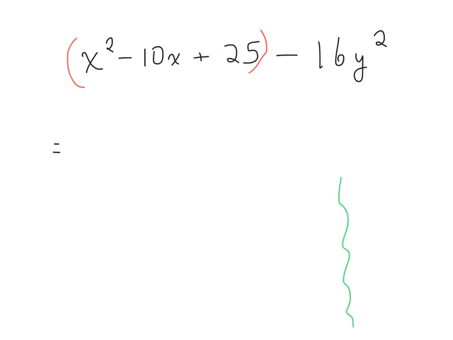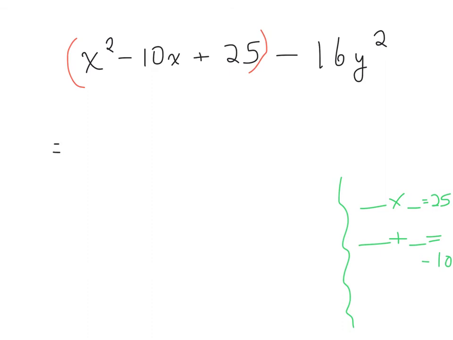When I look at this trinomial, I'm looking for two numbers that multiply to give me my last term, in other words 25, but add to give me that middle term of minus 10.